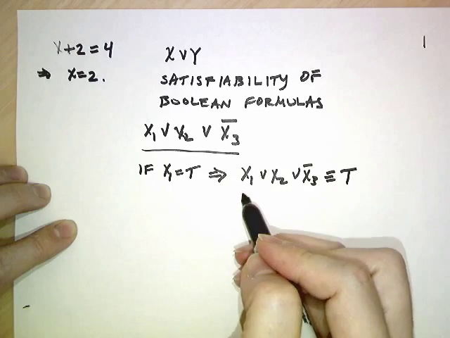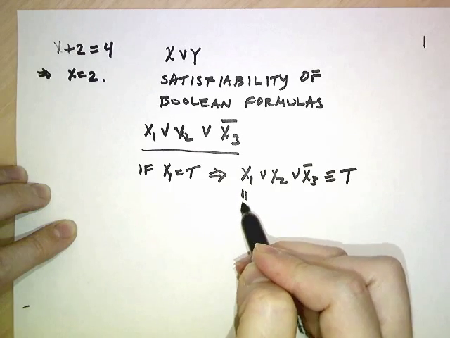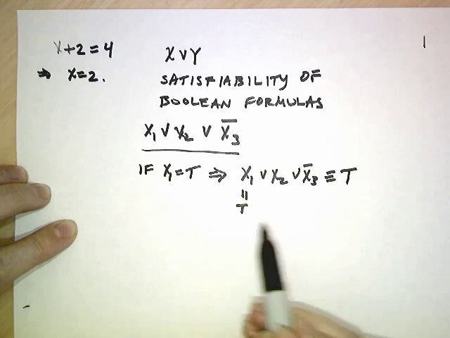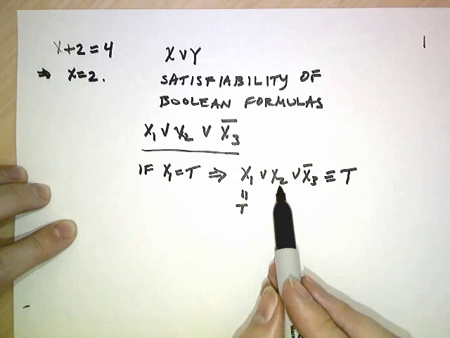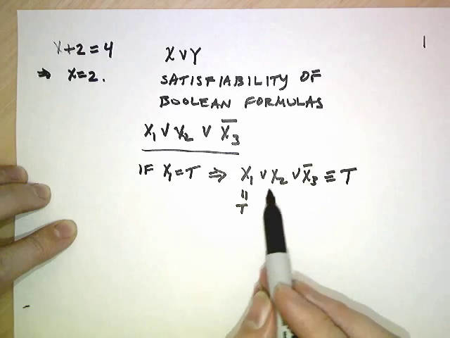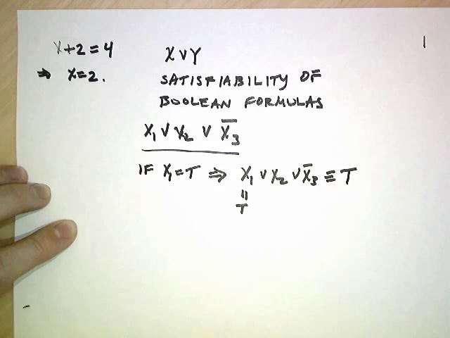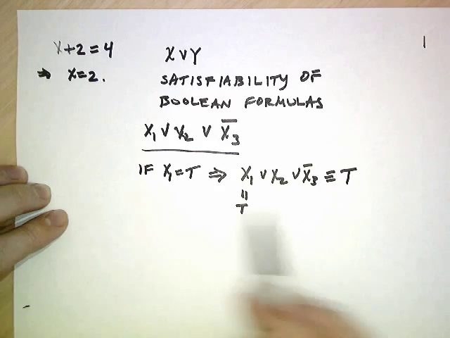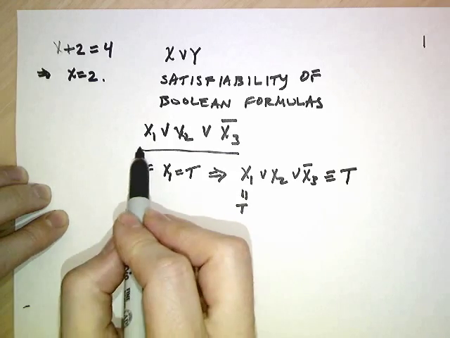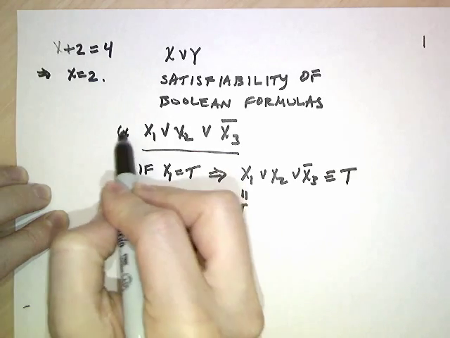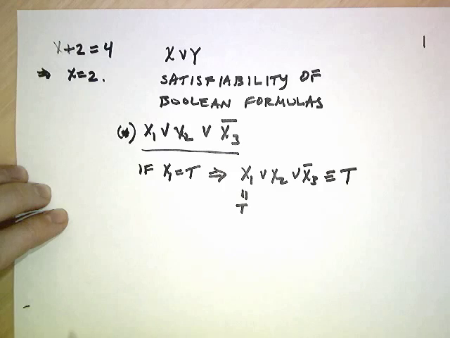Why is that? Well, as soon as we substitute x1 for true, then we know that true or anything is true, and so true or x3 bar is equivalent to true. Okay, so this Boolean formula here that I'll label star is satisfiable.